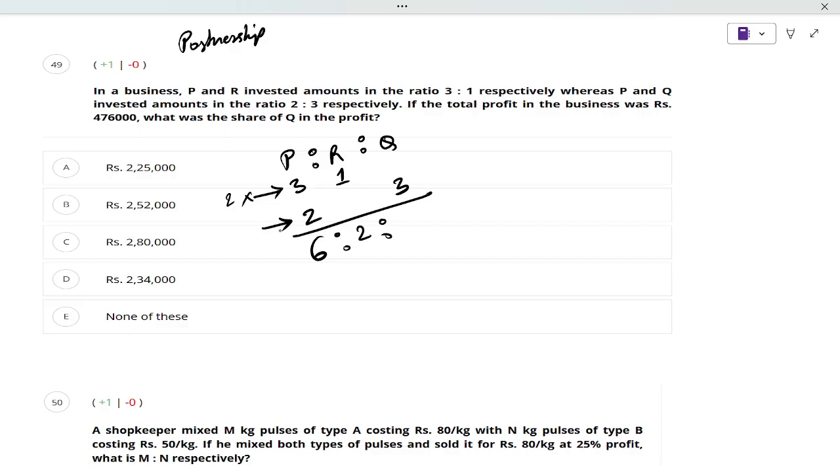In the other ratio we have 2, and we need to multiply by 3 to get 6. So 3 twos are 6, 3 threes are 9. So we got the ratio of B, R and Q, which is 6, 2 and 9.